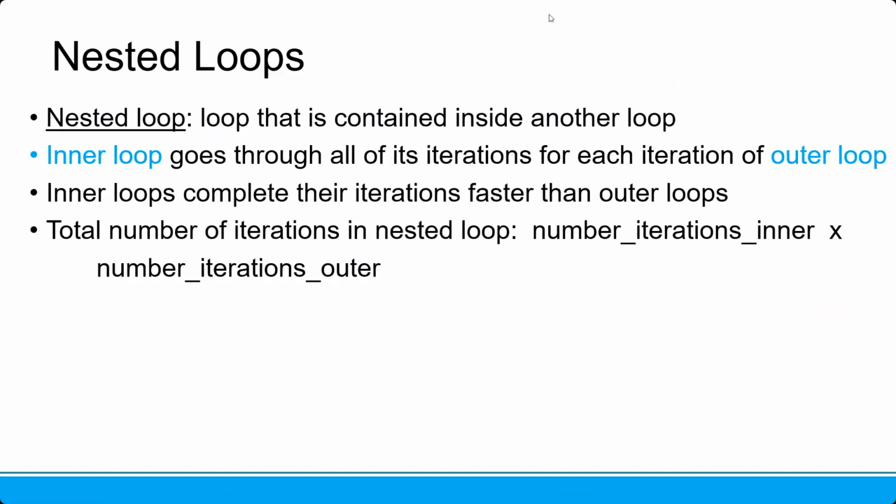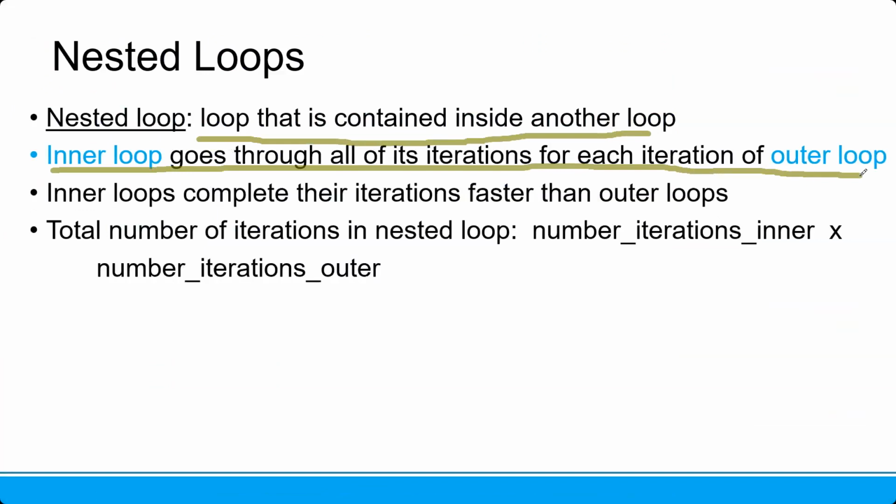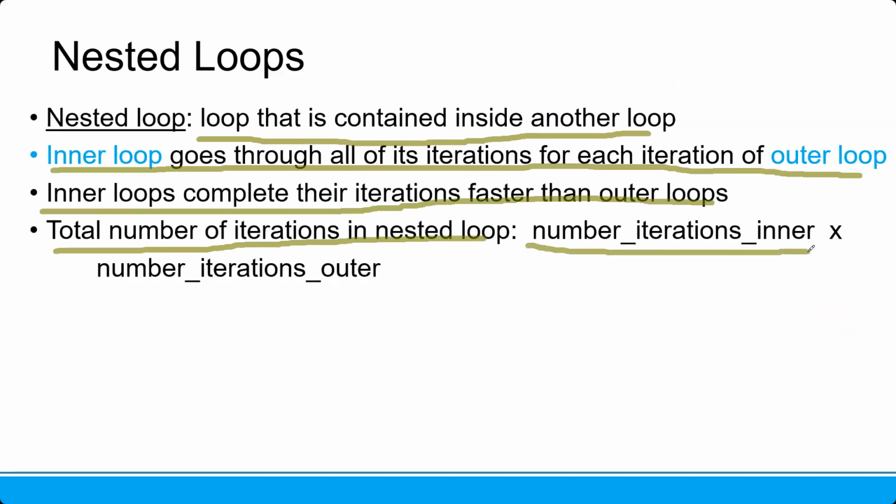So a nested loop is a loop that is contained inside another loop. The inner loop goes through all of its iterations for each iteration of the outer loop. Inner loops complete their iterations faster than the outer loops. And the total number of iterations in nested loops equals the number of inner iterations multiplied by the number of outer iterations.